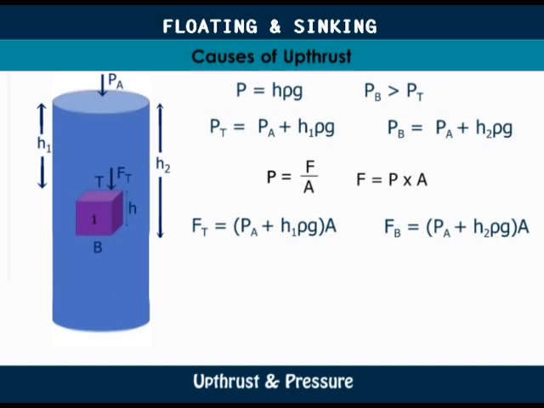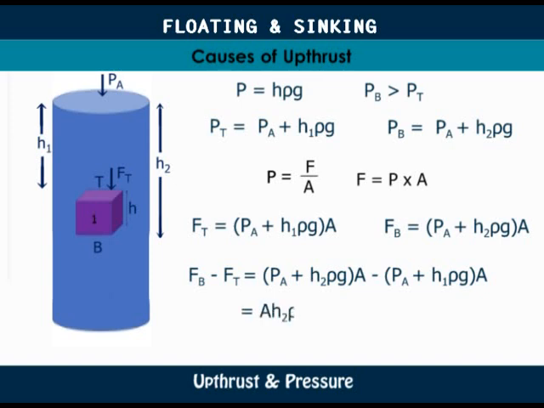The resultant upward force, which is equal to the upthrust, is the difference between these two forces. That is Fb minus Ft, which is equal to (PA plus H2 rho g) times A minus (PA plus H1 rho g) times A. If you simplify that, we end up with A H2 rho g minus A H1 rho g.